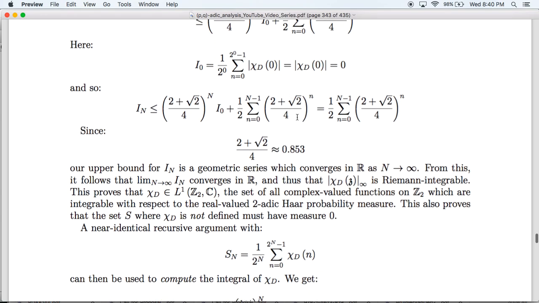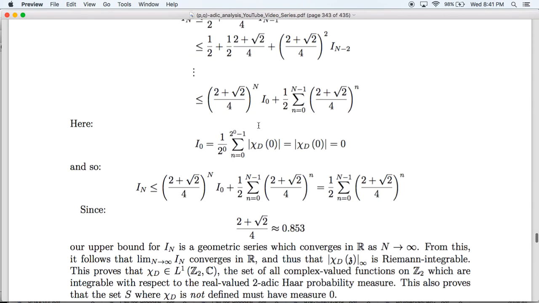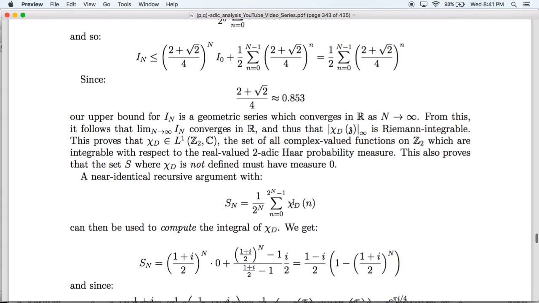It also tells us that Z has to have measure 0, because the integrability of this necessarily means that the set of points where chi_d is undefined or unbounded has to have measure 0. And so a near identical argument to our recursive one here, but with this sum without the absolute value, can then be used to compute the integral of chi_d without the absolute values.